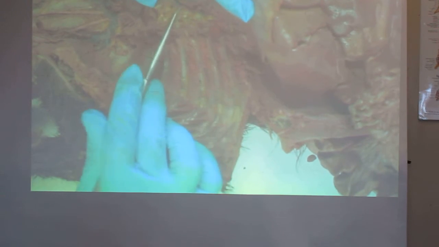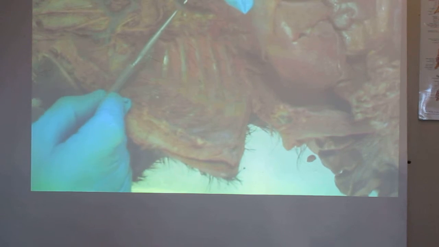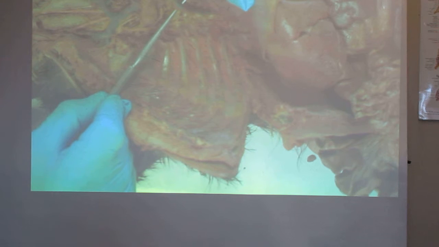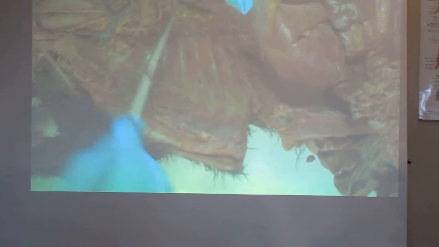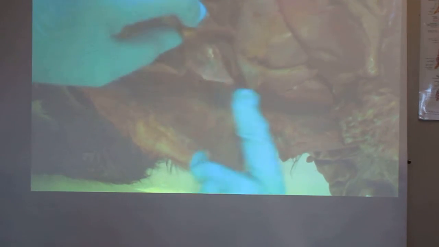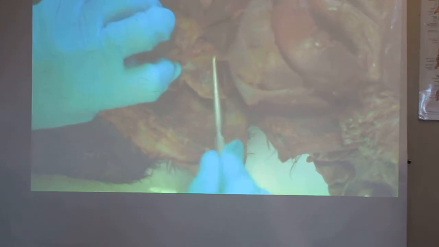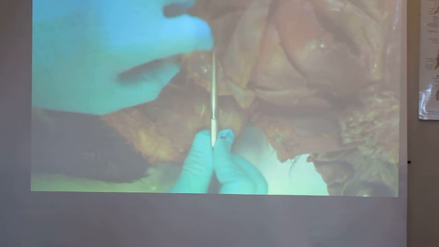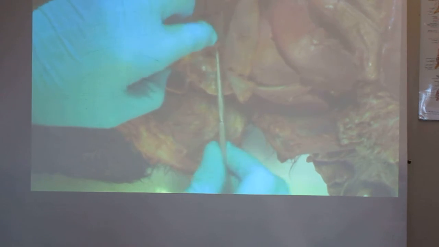Okay, can you see this structure right here? Yes or no? Yes. Thank you. That's going to be the azygos vein. Then, when I put everything back, I can lift up my inferior, I don't want to poke a hole in it.